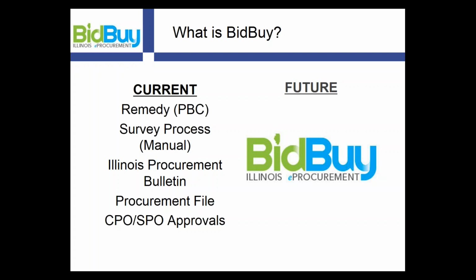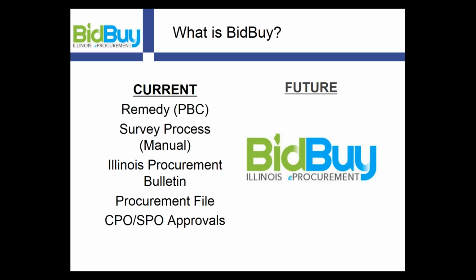But here are all of the things that are currently separate and distinct systems that you're accustomed to working in on a daily basis that now will move and become the BidBuy system going forward.